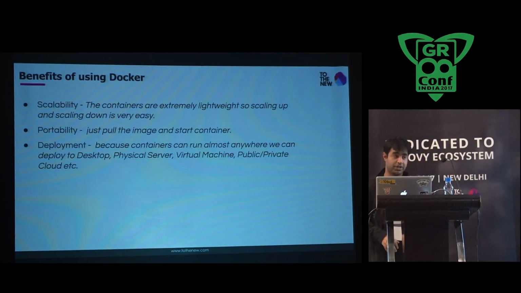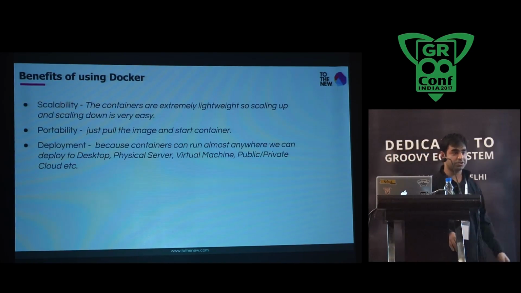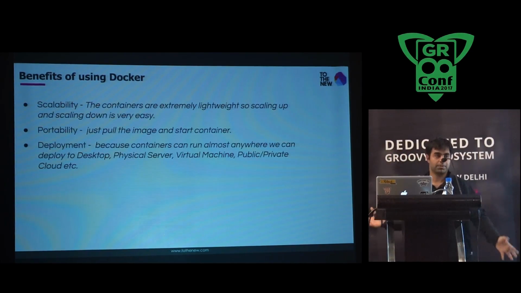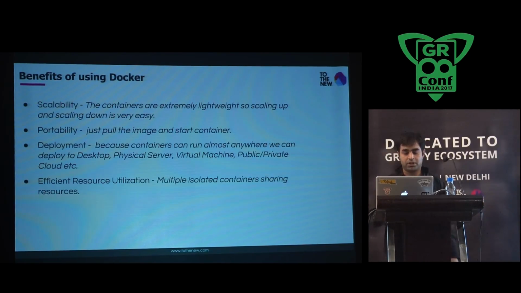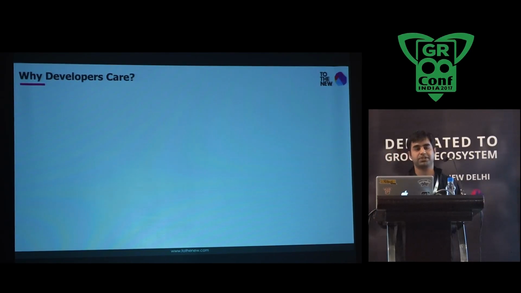Deployment, because a container can run almost in every environment, you just need Docker engine, so deployment is very smooth. There are public and private repositories like Bitbucket, Git. There is Docker Hub for Docker, where you push your images. Since it is sharing the underlying resources and kernel, it is efficiently utilizing all the resources.